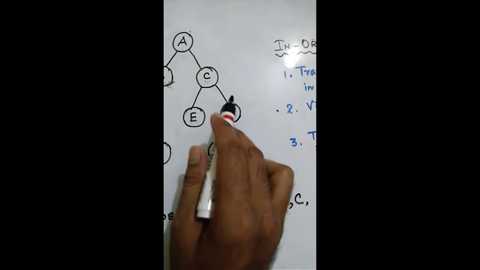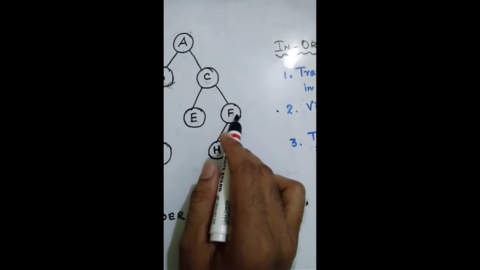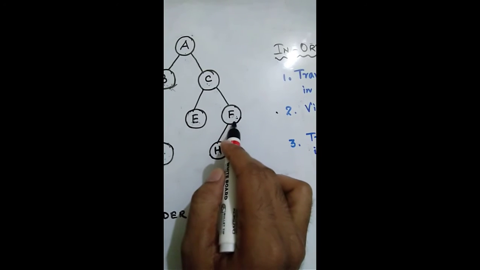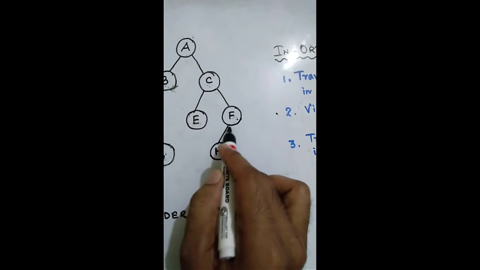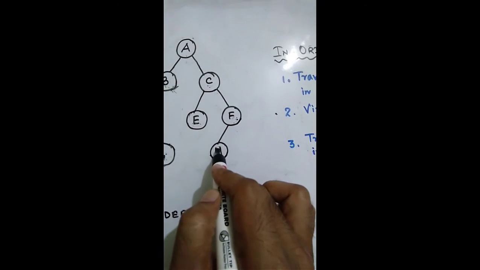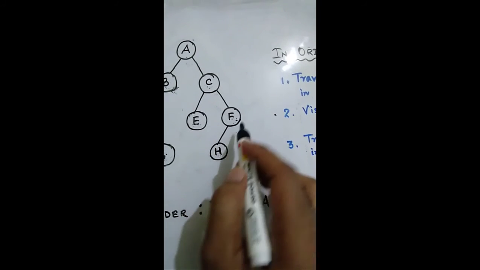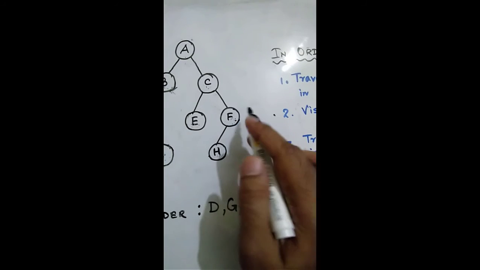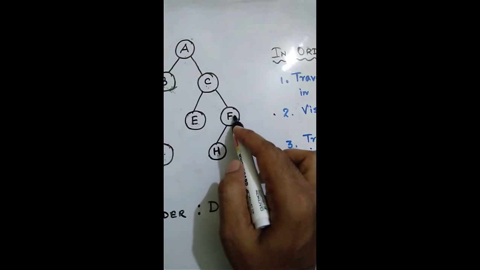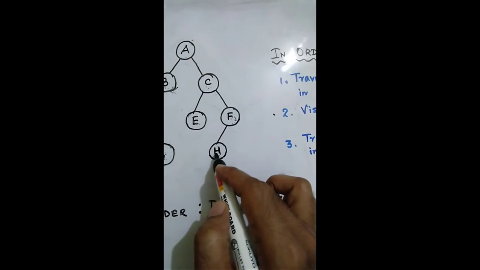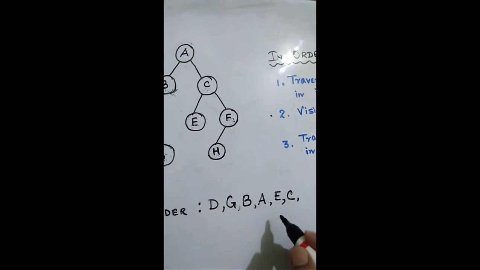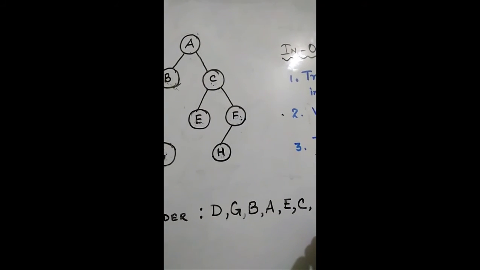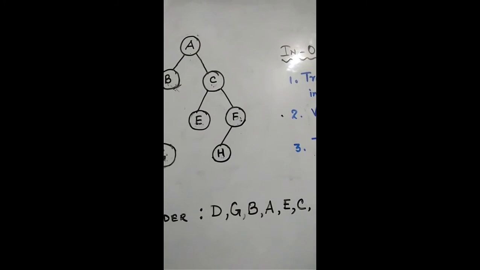Now we will move towards right, and in right we have found the node F, which has one child, H, in its left. So again, considering only this subtree where F is the parent node and H is the node in its left part. By the law of inorder, we first visit the left part, then root, then right.